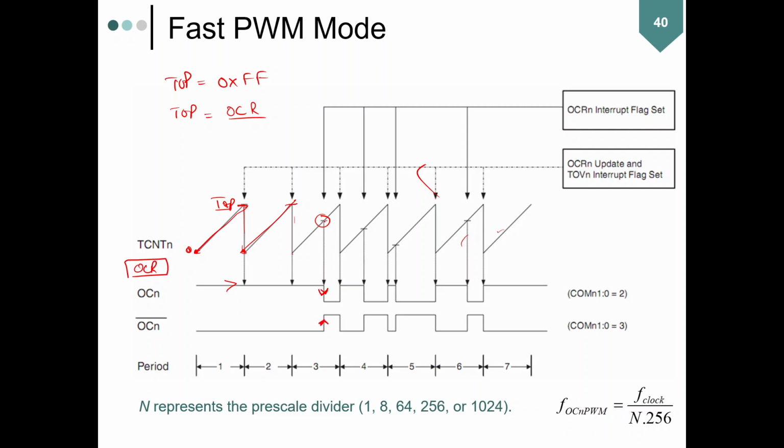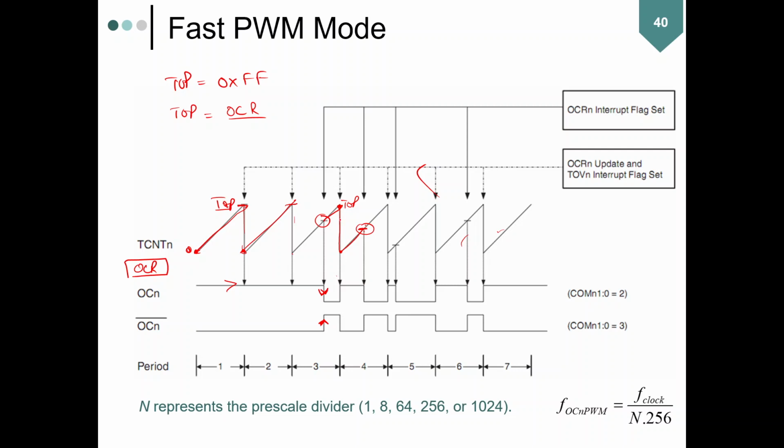But the timer is still going to count all the way up to the top. So it goes to the top, and then again it rolls over to 0. It starts counting again, and now this time the output compare register value has changed, and it arrives over here.